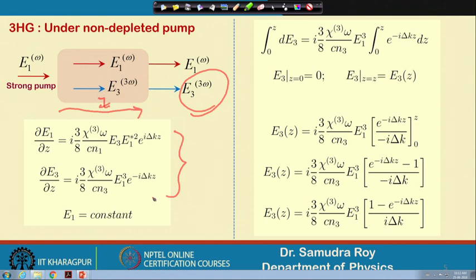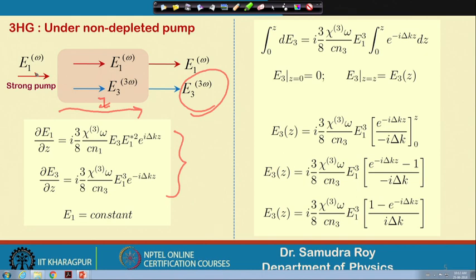Now, here the condition is the non-depleted pump. That means we launch a very strong pump, and this strong pump is a source term to generate the E3 wave, or the third harmonic wave.